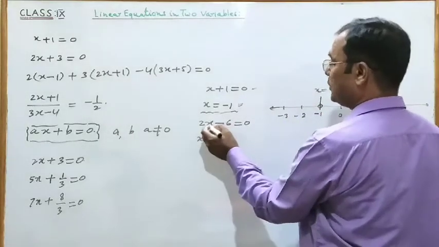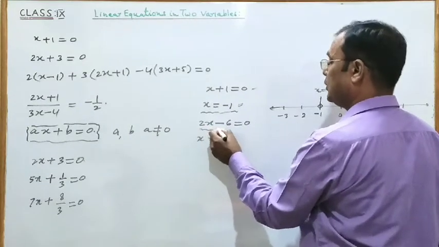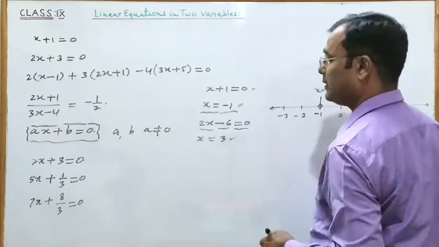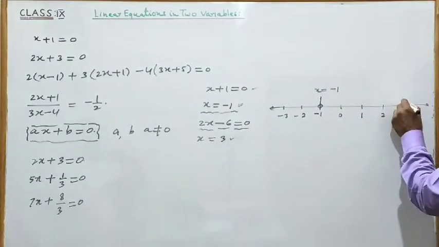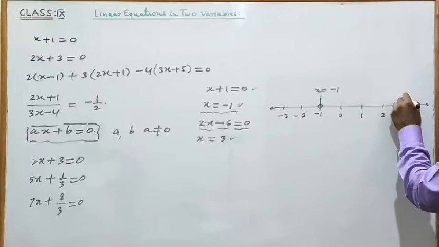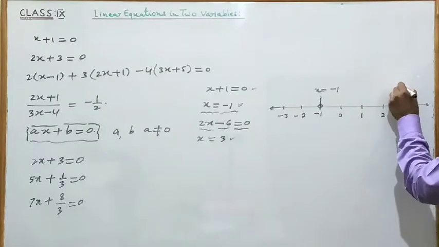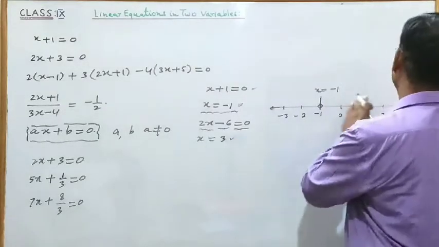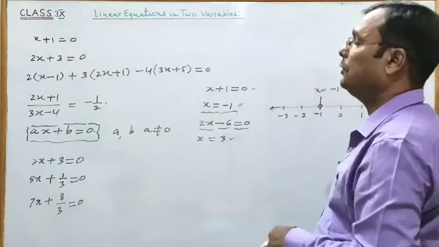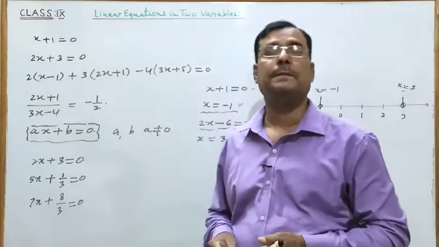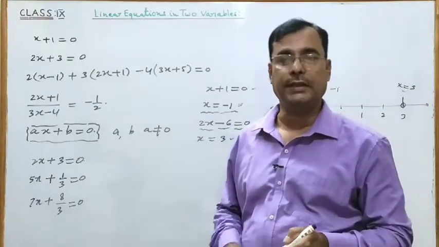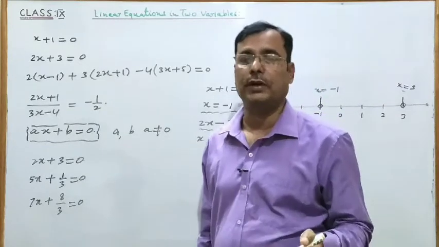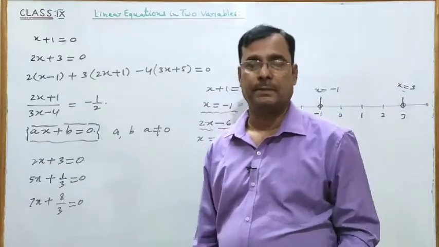If you represent the solution of the linear equation 2x - 6 = 0, which is x = 3, then this point will represent the solution of this linear equation on the number line.